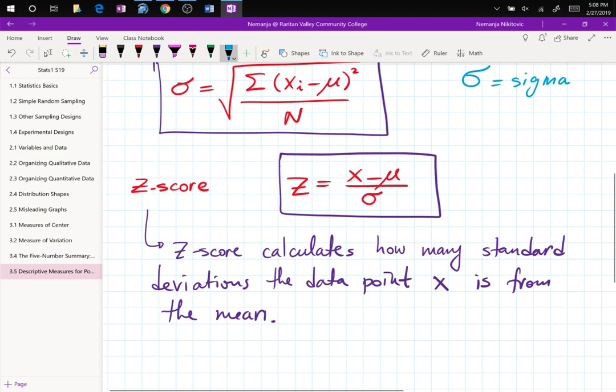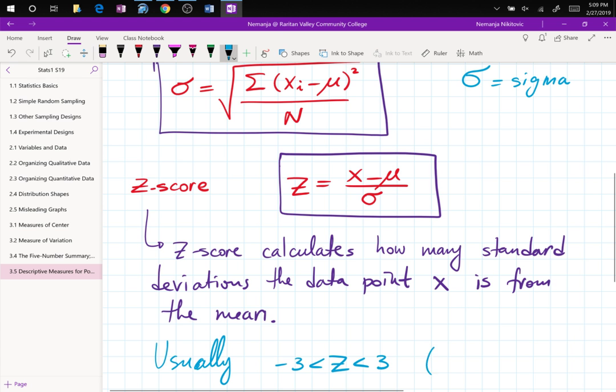We know from that lecture that we skipped that 99.7% of your data lies between those 3 standard deviations left and right. So chances are that all of your data is going to be between those two, and that's why we say usually z is in between -3 and 3.